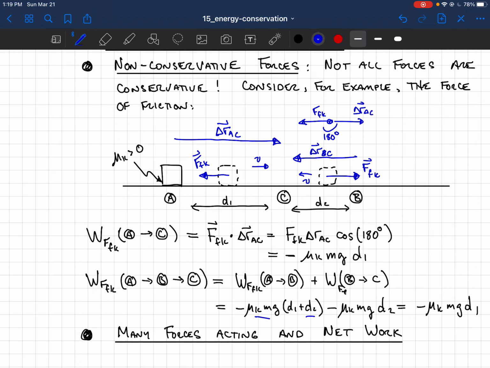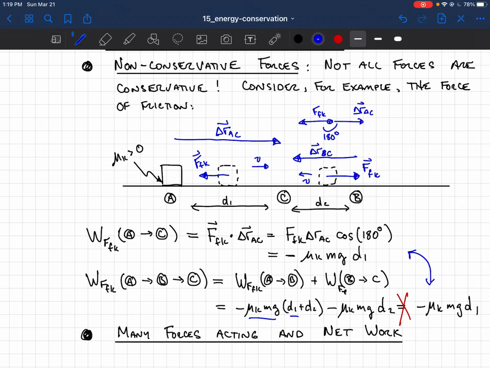That term appears right here, minus mu k mg d1, but then there's an additional term, minus mu k mg d2. So this is greater than that, and therefore it's not equal to the thing that we found for the first path.